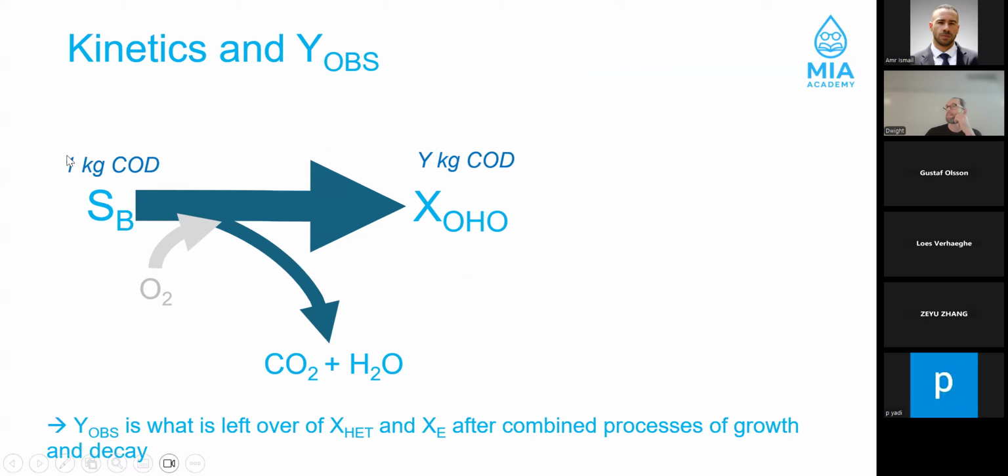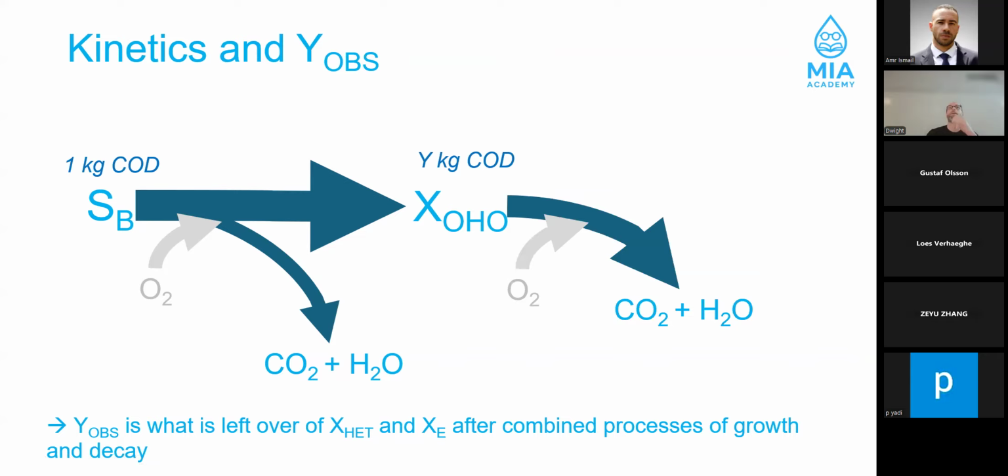So whereas you might use your soluble substrate and generate biomass according to this parameter here of Y kilograms of COD, that's not all that's going on in a bioreactor. Those organisms continue to be active, and they continue to metabolize their own biomass, because they need energy.